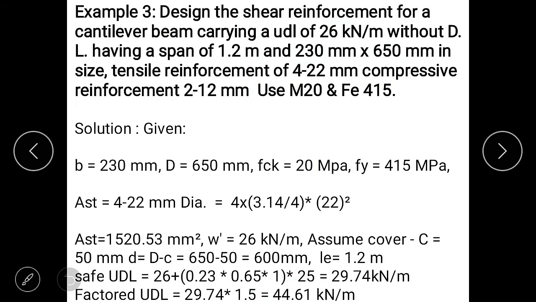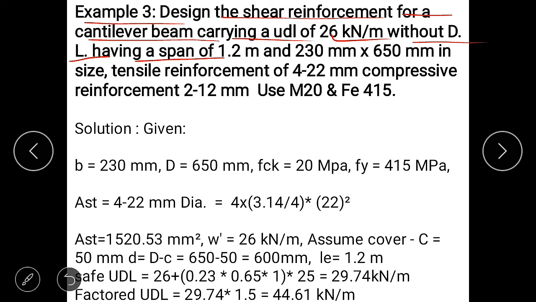Okay, we solve another example: design shear reinforcement for a cantilever beam. Here the beam is a cantilever carrying a UDL of 26 kilonewton per meter without dead load. This UDL is without dead load, so we have to add dead load to this 26 kilonewton per meter.